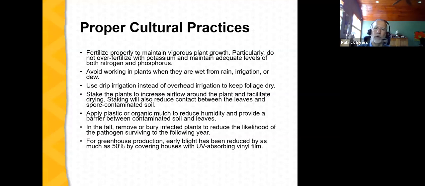Again, this is an important part of managing Alternaria. And then for greenhouse production, it's found that by using UV absorbing vinyl film on the high tunnel, we can actually reduce Alternaria infection by as much as 50%. So there's another example of a cultural practice that we can do.